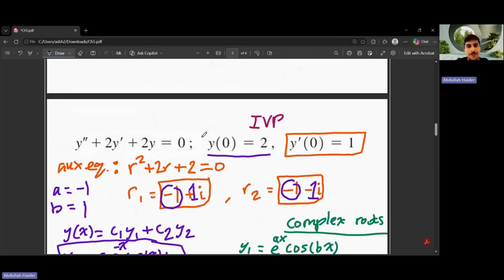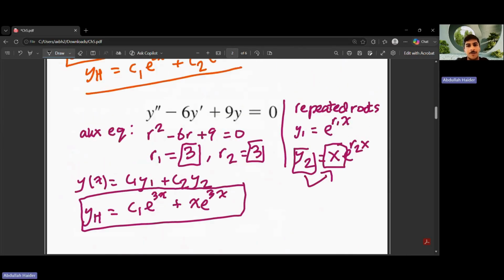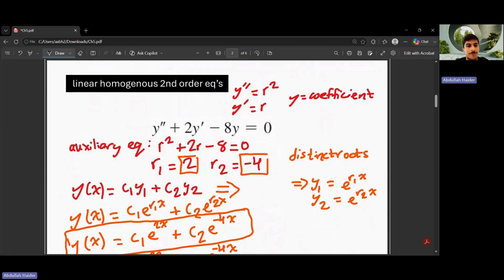So just to give a quick summary, first of all, you start with finding the auxiliary equation in terms of r, and whenever you get distinct roots, your y1 and y2 will have the same form, e power r1x and e power r2x. So just remember that the fastest thing is C1 e power rx plus C2 e power rx.